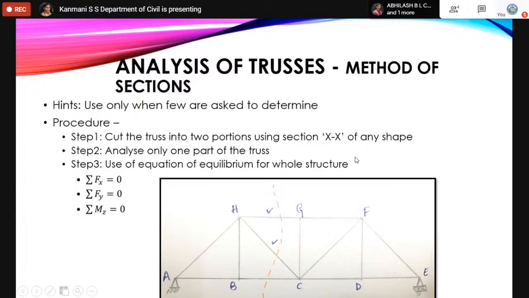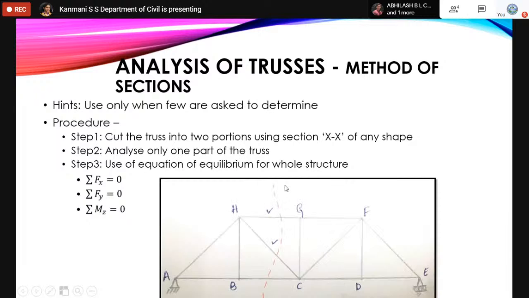Afterwards, use the equations of equilibrium, not for the whole structure but for a part of the structure, that is summation Fx equal to 0, summation Fy equal to 0, and summation Mz equal to 0. Apply this to one part, then you will find the final answers. Before doing all these things, remember that we have to find the support reactions.